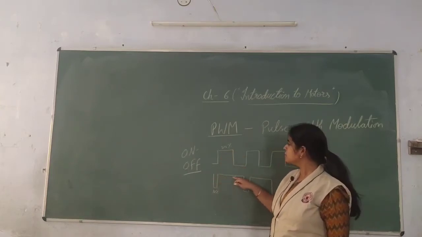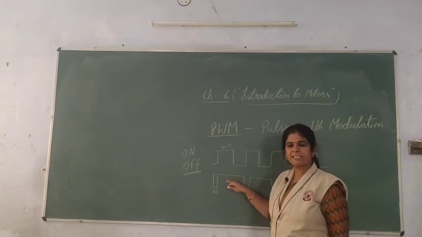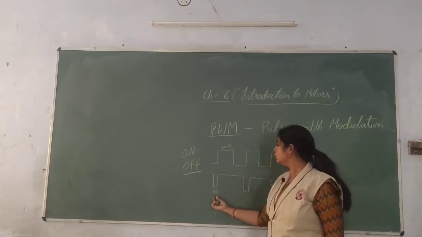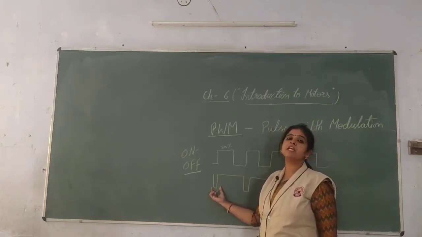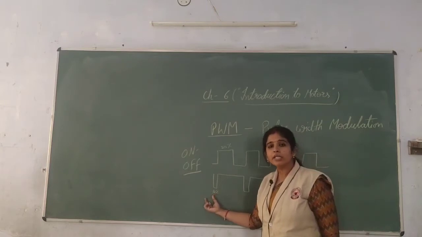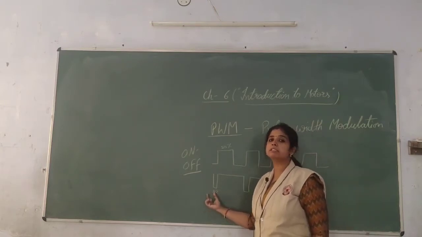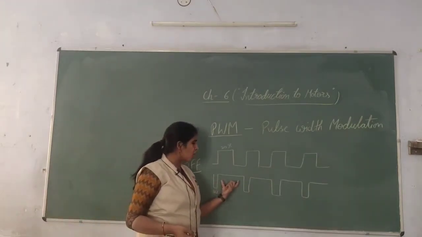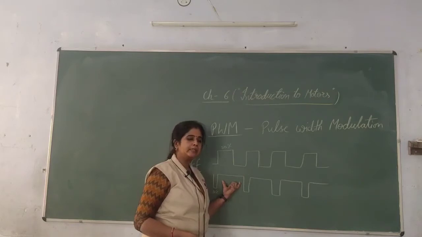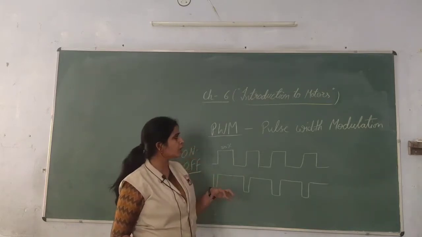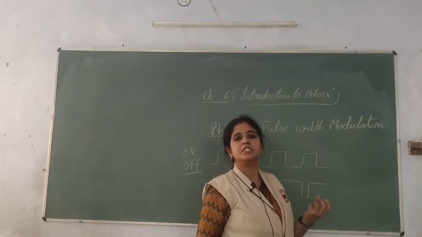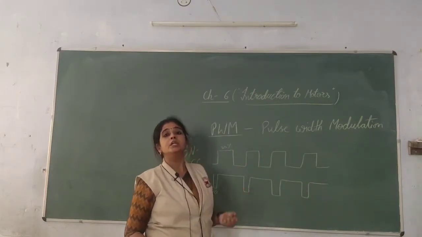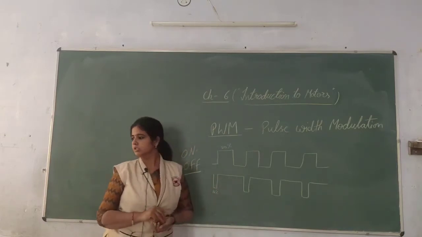Okay, when the timing of switch off is increased, means you have increased pulse width, then you can decrease the speed of rotation of motor. So by changing the width of pulse, we can control the speed of DC motor. That is the PWM technique to control the speed of DC motor.